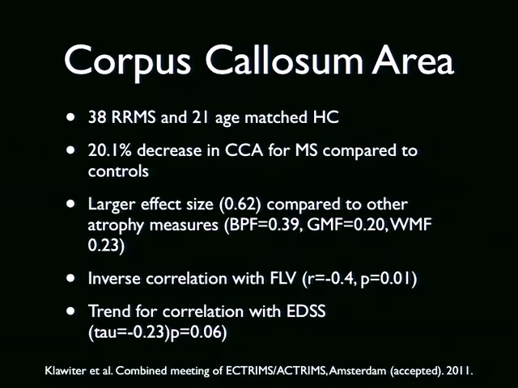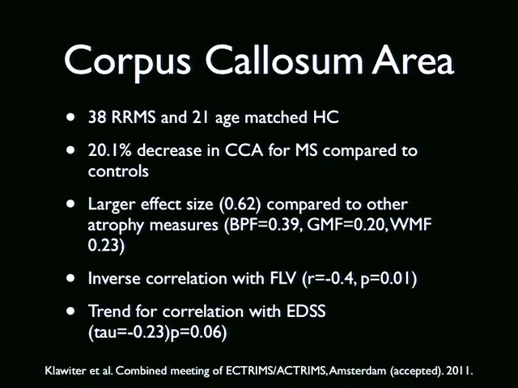We looked at 38 relapsing remitting MS patients, and also 21 age-matched healthy controls. What we found was that there was a 20% decrease in the corpus callosal area for MS compared to controls, which is similar to what has been seen in past studies.